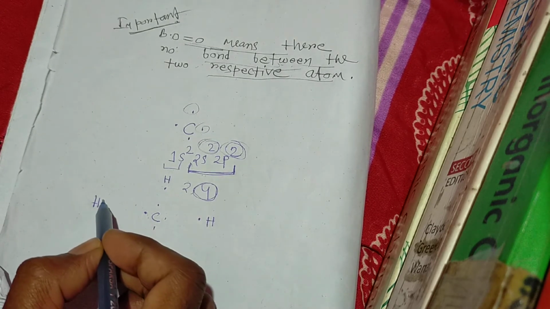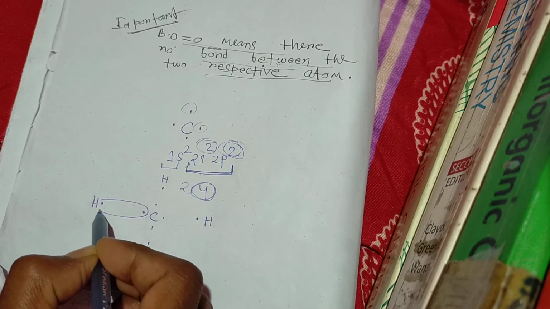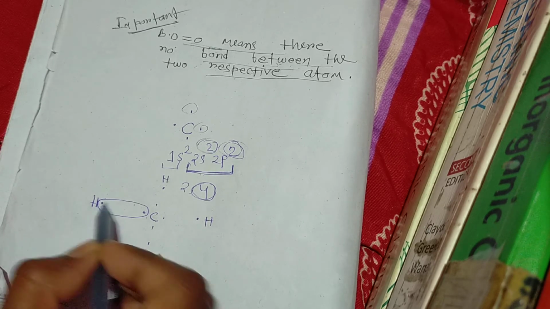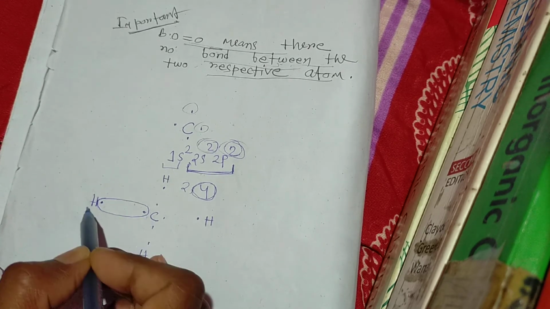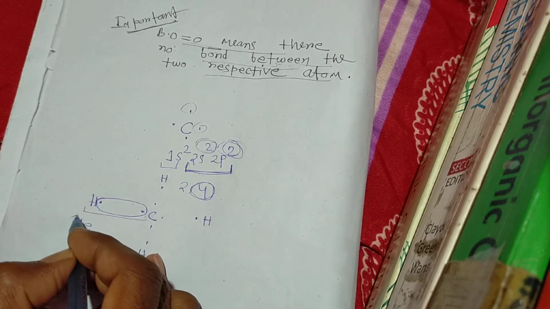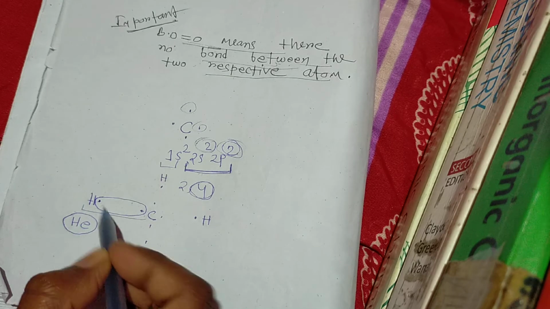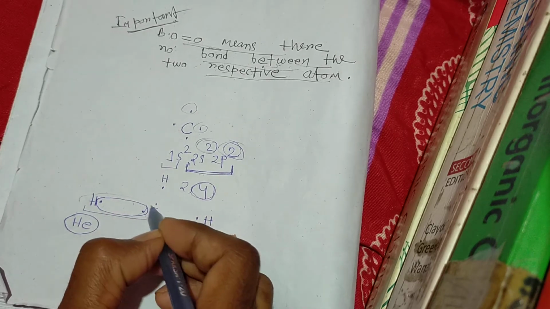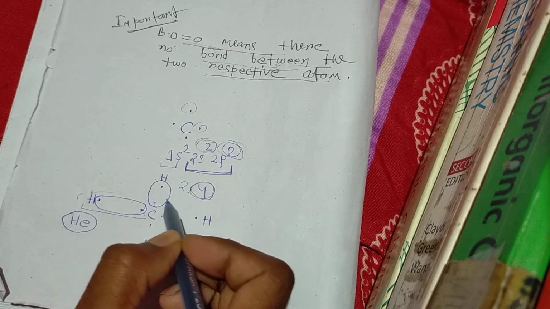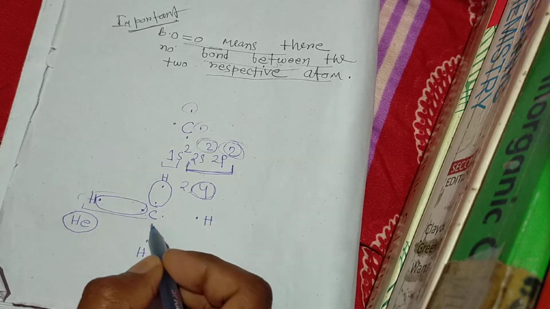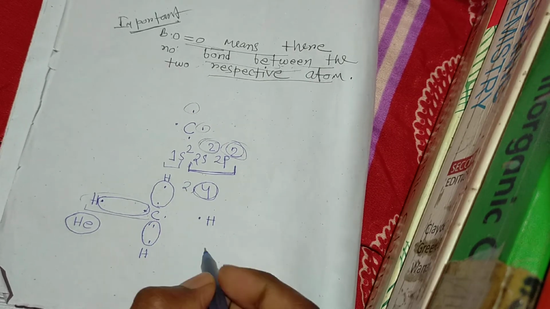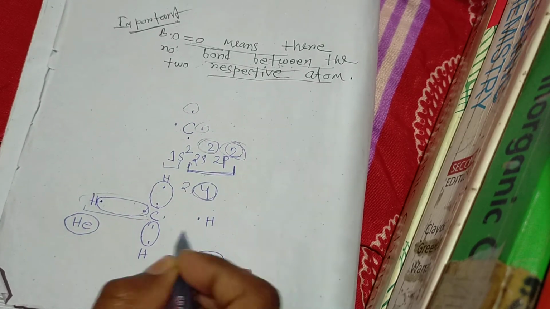So obviously here hydrogen fulfills its doublet, that is two, that is it acquires the helium inert gas structure, so it is stable. Here hydrogen fulfills its doublet. Here also hydrogen fulfills its doublet, the inert gas helium structure.